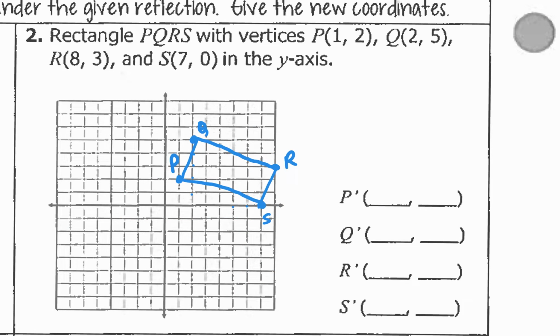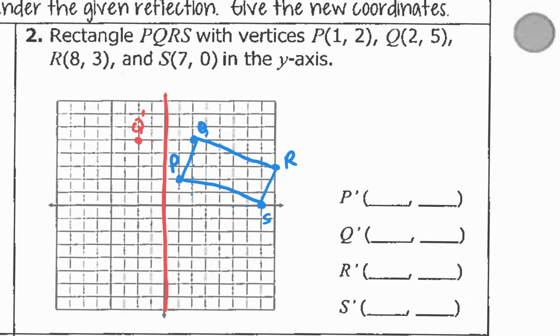We are going to reflect triangle PQRS over the y-axis, and now our mirror will be the y-axis. So to find Q prime, we know that Q prime is 2 units away in the right direction, so we're going to go 2 units to the left. That's Q prime.